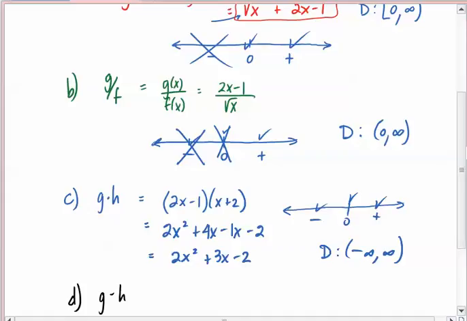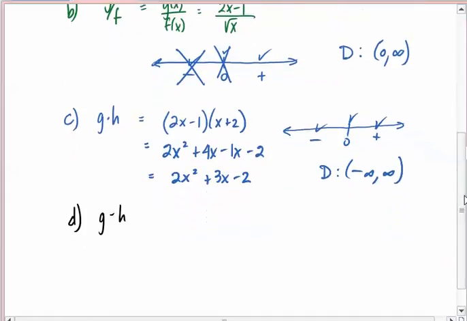All right, the last one is going to be g minus h. Here we go. The g function, 2x minus 1, now minus, again, if you watched the last video, you know that when I'm subtracting a function from another function, if the function that I'm subtracting is a binomial or larger, then I'm going to have to use parentheses.